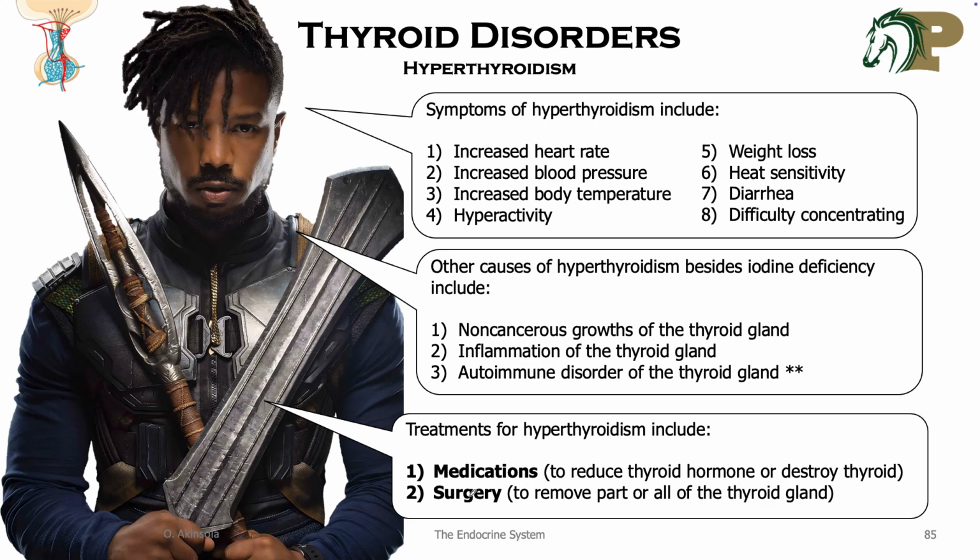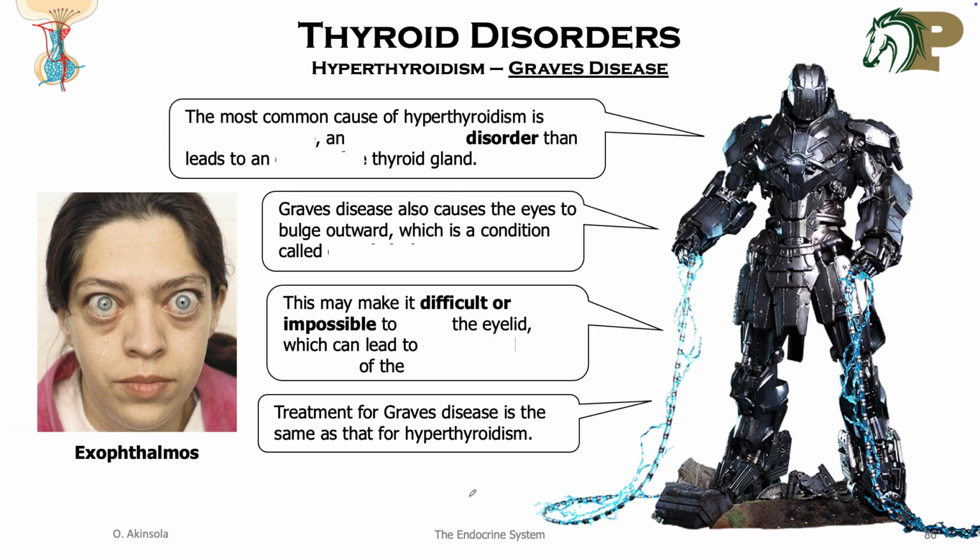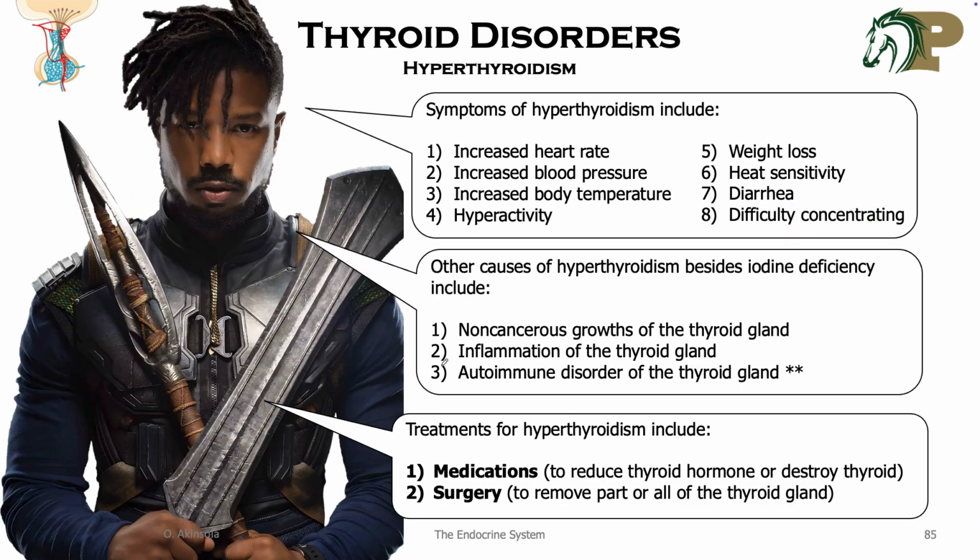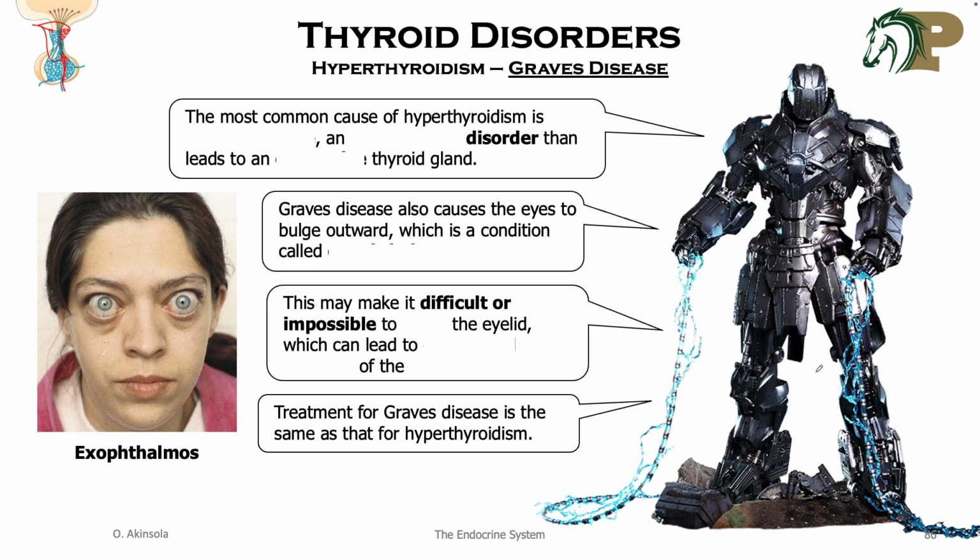Treatment for hyperthyroidism: medications to reduce thyroid hormone, and or surgery to remove an overactive thyroid gland. So back here, when we talked about the autoimmune disorder of the thyroid gland, this is that autoimmune disorder that can cause hyperthyroidism, Graves' disease. The most common cause of hyperthyroidism is Graves' disease.